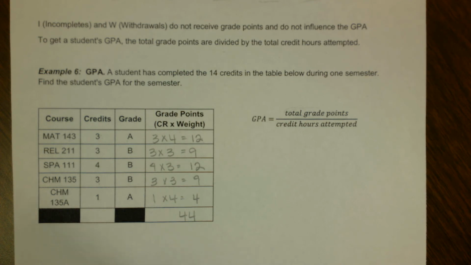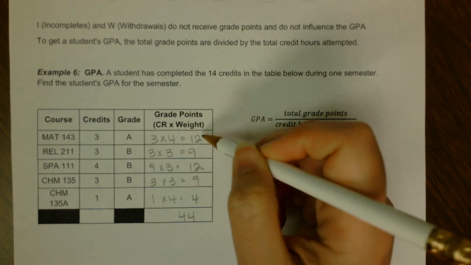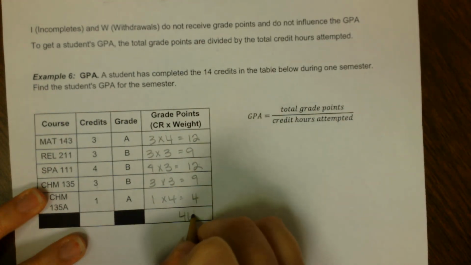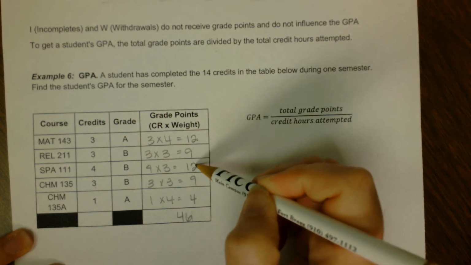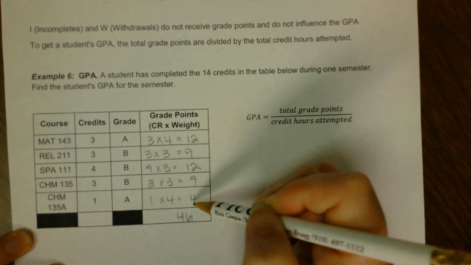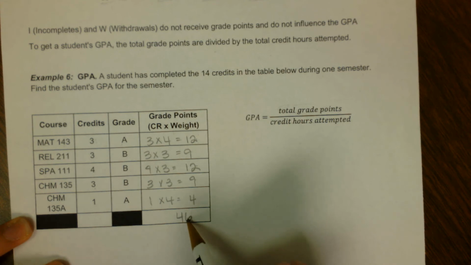Or no, did I do that wrong? Let's see, 12, 21, 33, and this would be 42, 46. Okay. So we have 46 grade points.